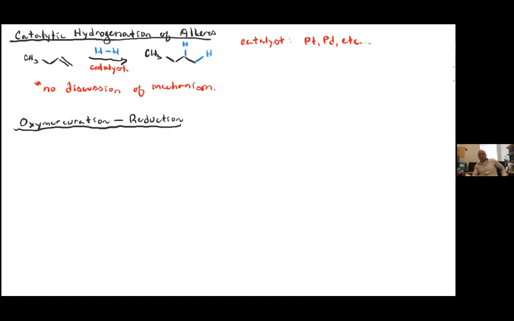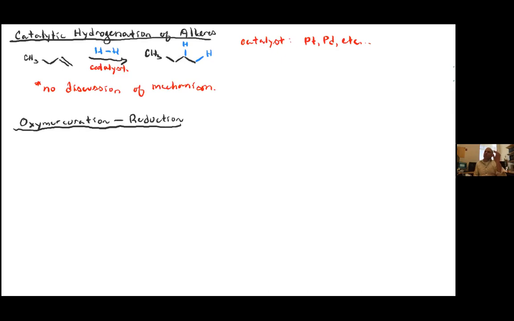All right, so oxymercuration-reduction is a transformation that allows us to convert an alkene to the more substituted alcohol. So it's similar to acid catalyzed hydration, but the mechanism and the reagents are distinct, and in some cases the outcomes are different when you can have carbocation rearrangements. I'll mention that at the end.